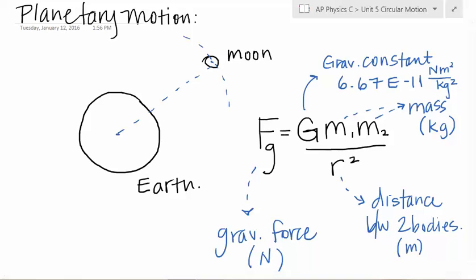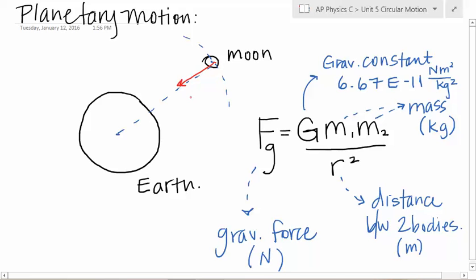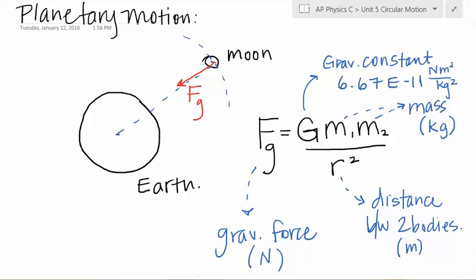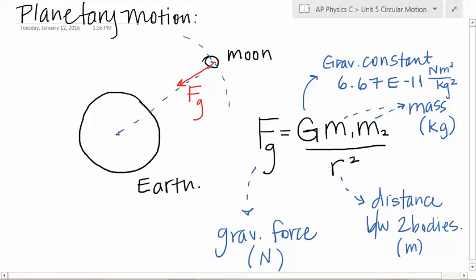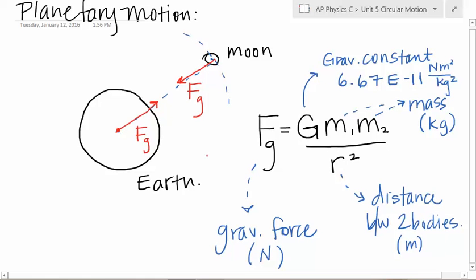Now, the Earth pulls on the moon with a gravitational force that is equal but opposite in direction to the force the moon applies to the Earth. And equal but opposite force pairs is Newton's third law. Remember, Newton's third law is that for every force there is an equal but opposite force between our two bodies.